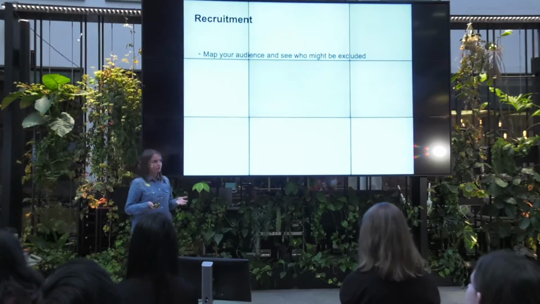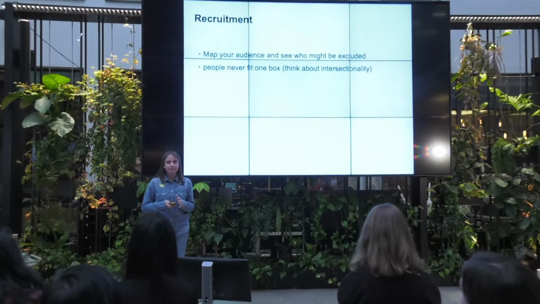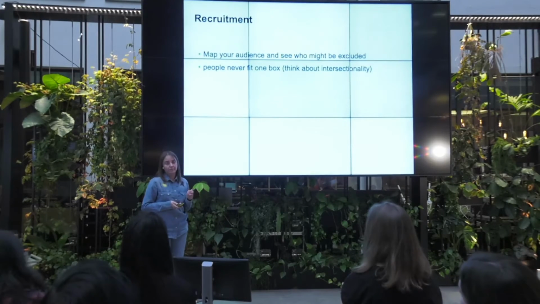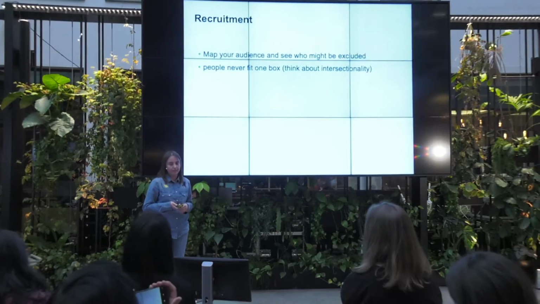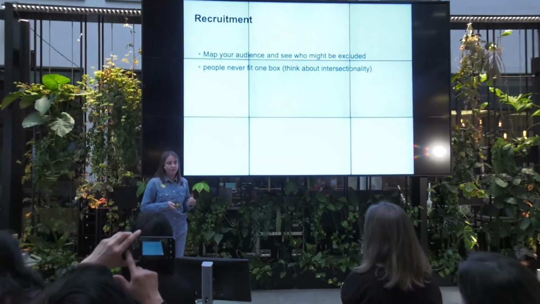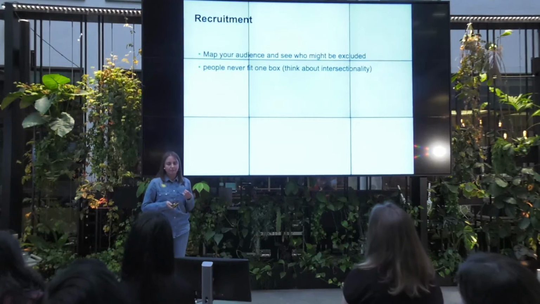Who are we excluding? It's also good to remember that people don't fit in just one box, and this is what we call intersectionality. This can make an experience much more complicated.